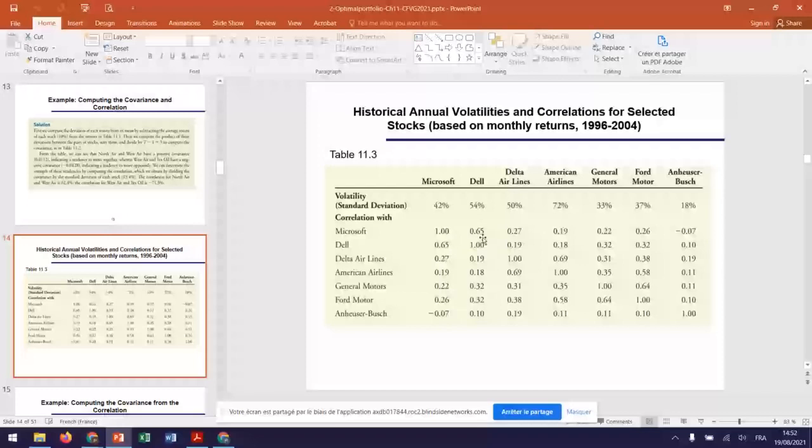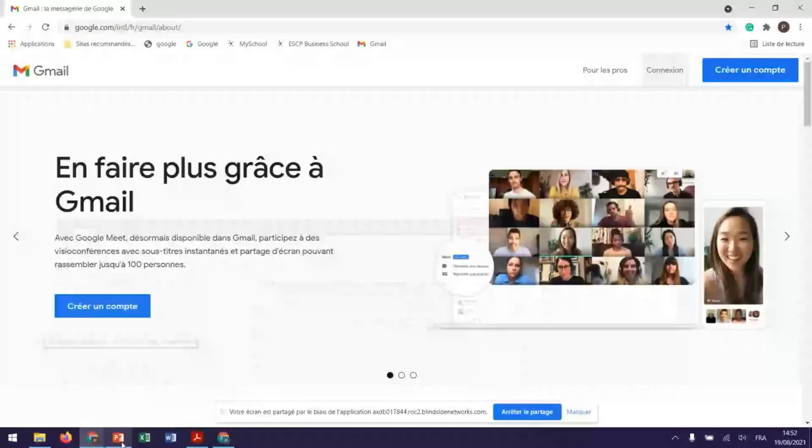Same for Delta and American Airlines, at 0.69 in the same industry, which is the highest correlation. And General Motors and Ford Motor, the correlation is also 64%.